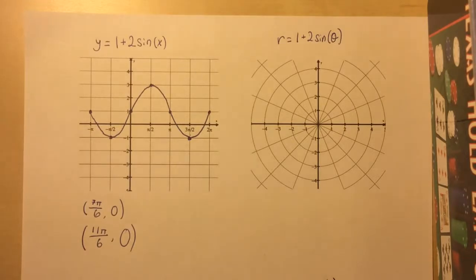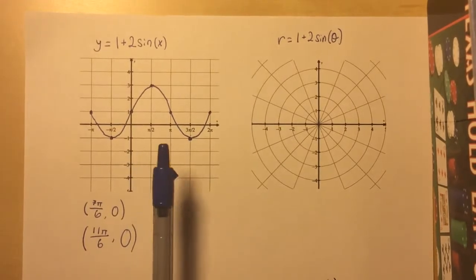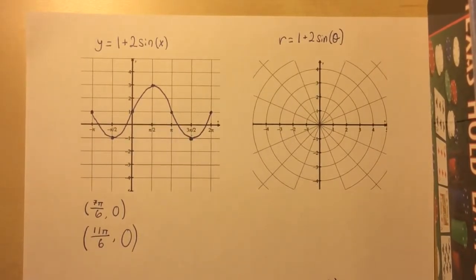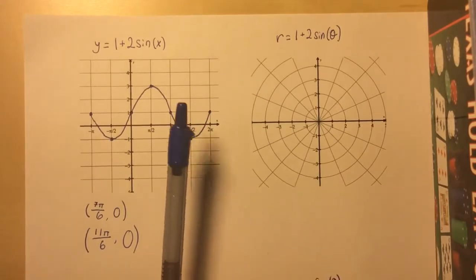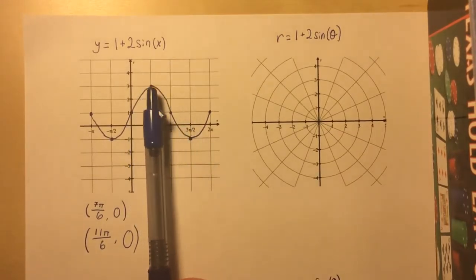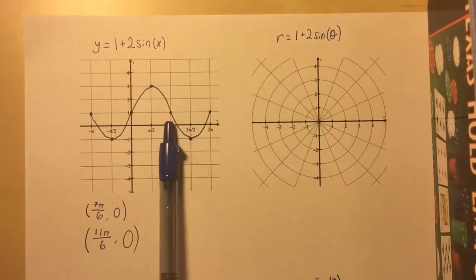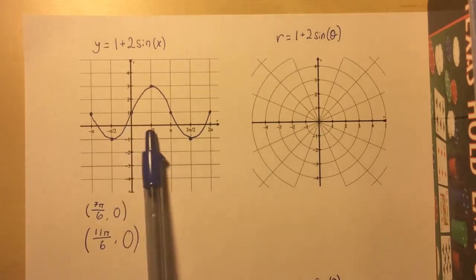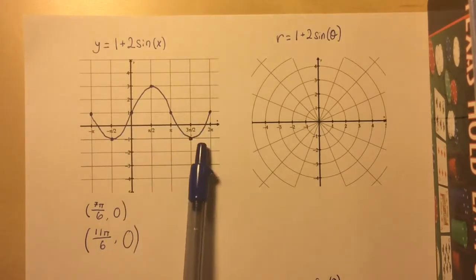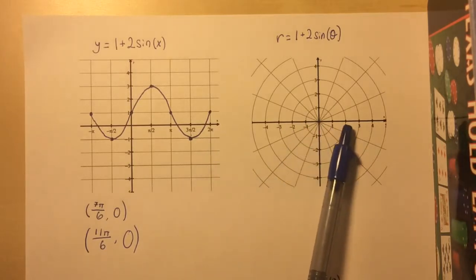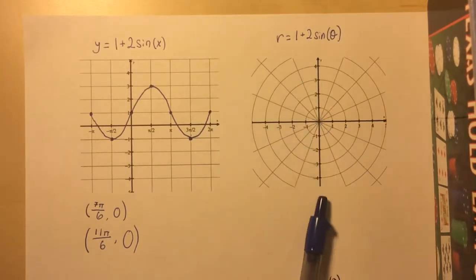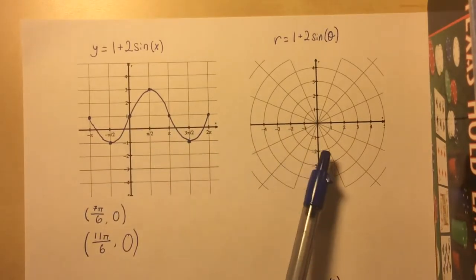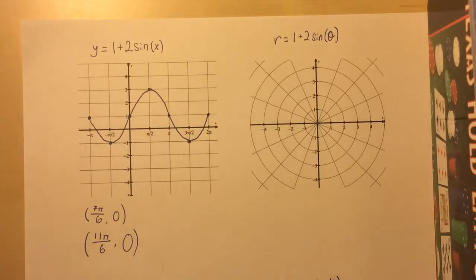Pretty much what you're going to do is look at the Cartesian graph, the y versus x, and look for these inflection points, maximums, minimums, x-intercepts, and any values on the x-axis, such as pi over 2, pi, 3 pi over 2, and 2 pi, that correspond with the polar axes. We're pretty much going to split this graph into different parts and copy it onto here. So let's see what this means.